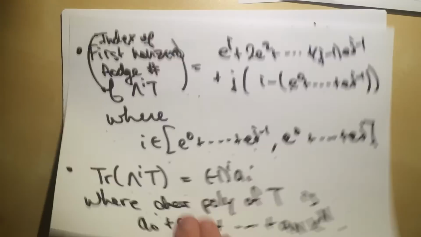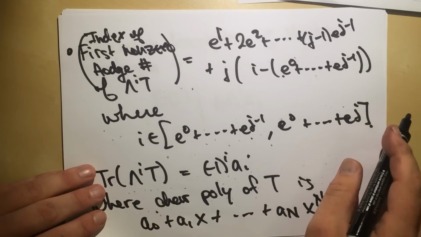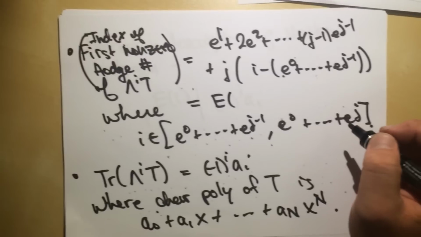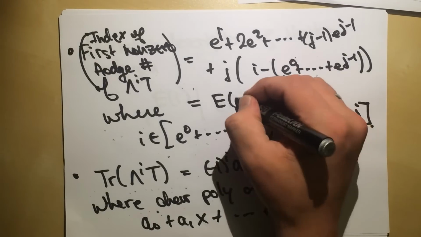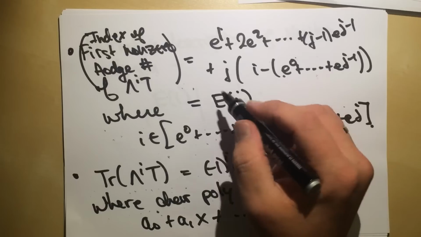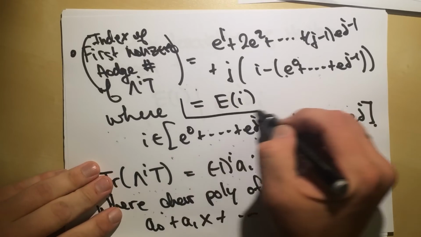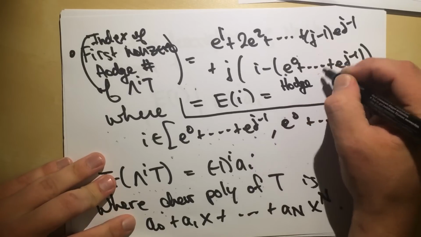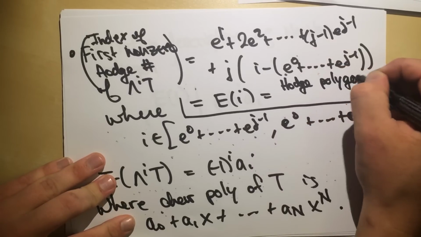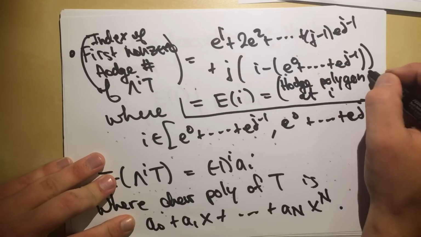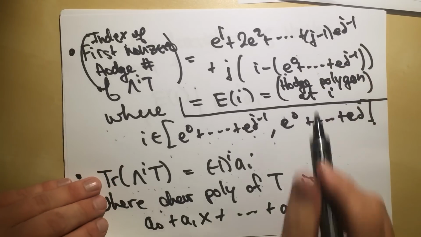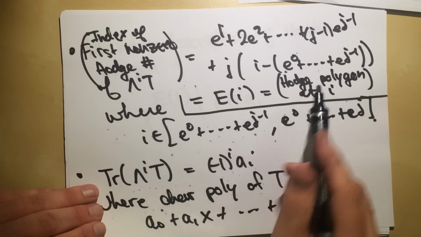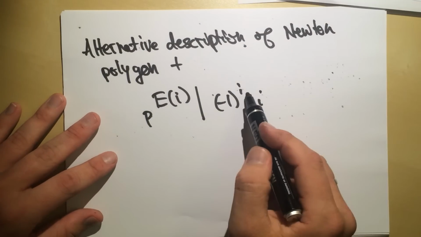The other thing to notice is that this thing here is equal to ei. So this is actually the Hodge polygon at I. This is the kind of miraculous part: that this is the Hodge polygon at I. So we can use that, and this tells us that this is above this.